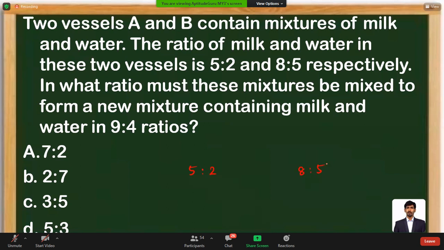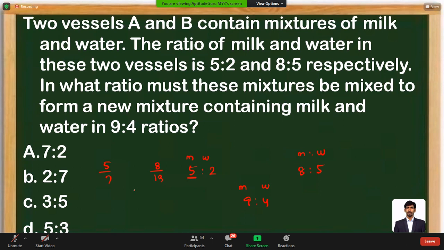Same question. Two vessels A and B having milk and water in the ratio of 5:2 and 8:5. In what ratio should these two be mixed so that the new mixture is 9:4? Here it is a question of alligations. Again, you can use the same logic; I am giving it just for practice. If you solve with me, 5 parts out of 7 parts, 8 parts out of 13.